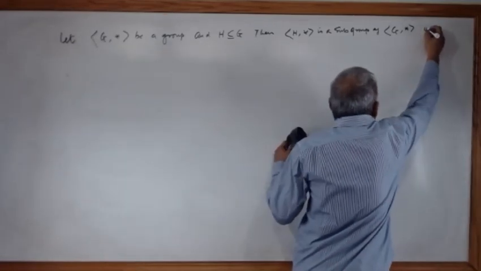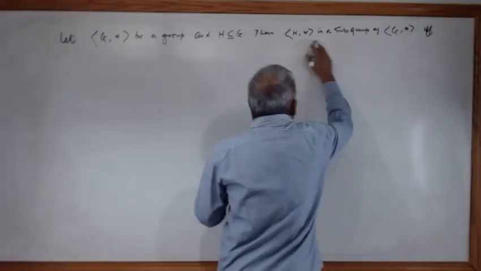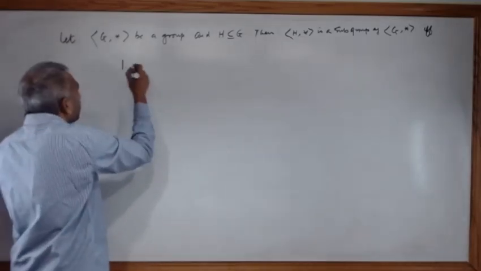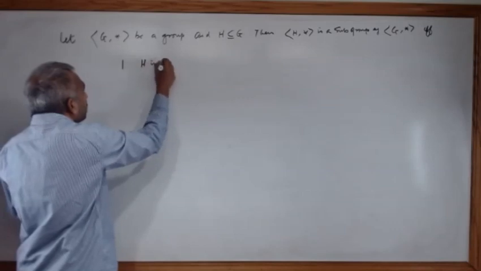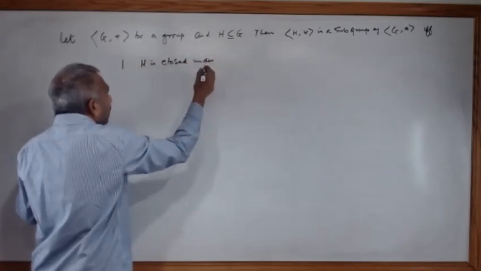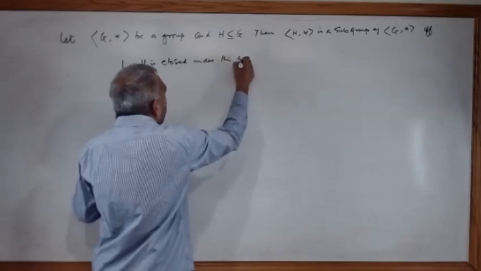H is a subgroup of G if and only if there are three conditions. First, H is closed under the group operation.